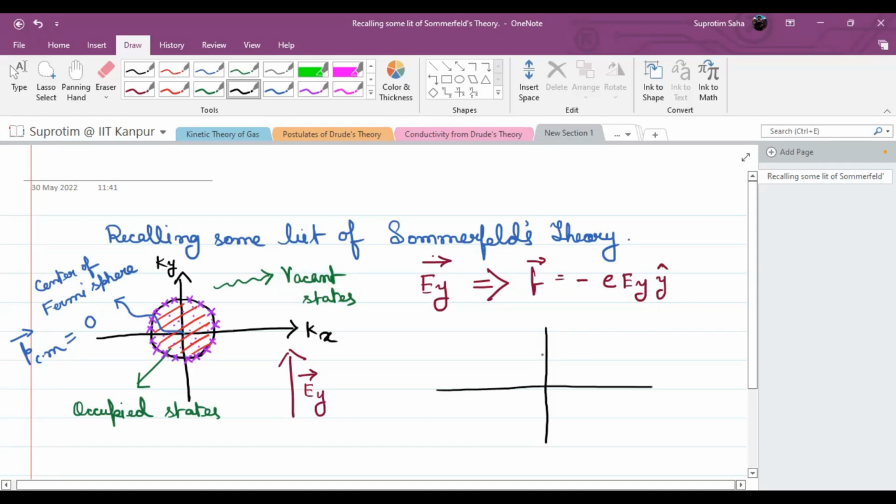Earlier you had the Fermi sphere like this, and this was your old.